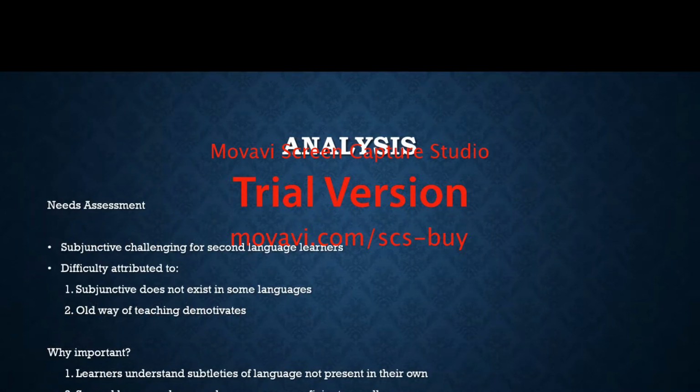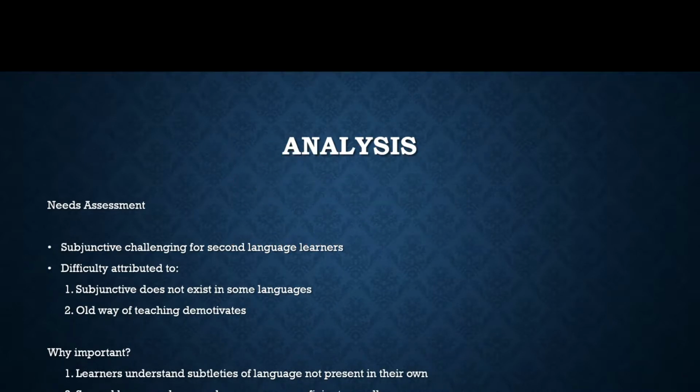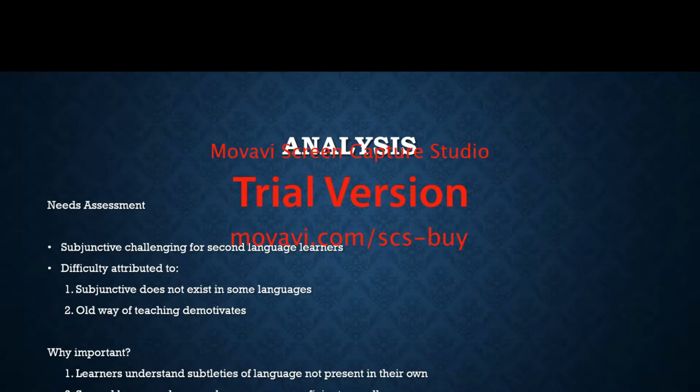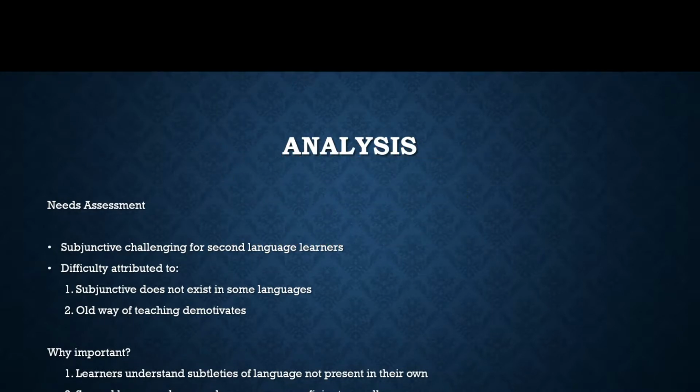Analysis. Now, in order to achieve the goal that we're trying to achieve, which is the steps involved in making a verb subjunctive, we have to assess our learners. And by assess, we have to look at who our learners are. Are they second language learners? Is Spanish their first language? Is Spanish their second language?